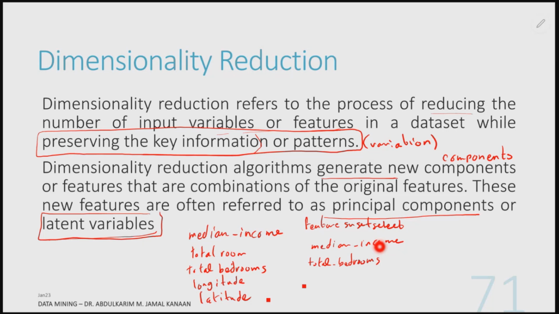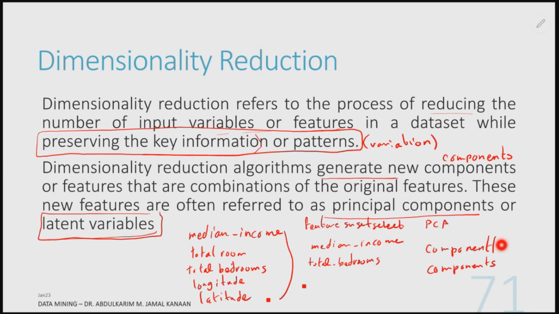Now if you are applying dimensionality reduction, like principal component analysis, or PCA for short, we take all the 5, we squeeze them, and then instead of getting these features, we get what's called component 1, component 2. Let's say I'm interested only in getting them squeezed into 2 components, 2 features. So component 1 and component 2 are the result of combining all the 5 features together in a process done under principal component analysis.